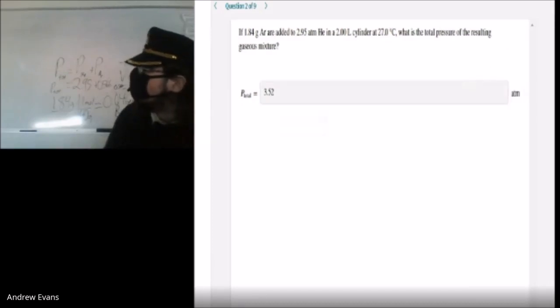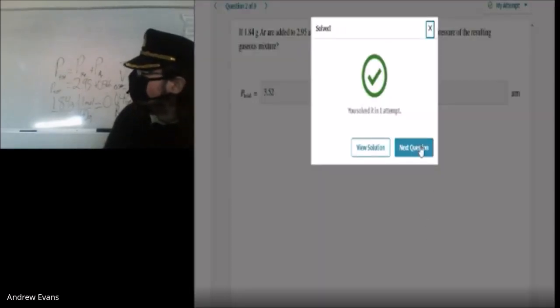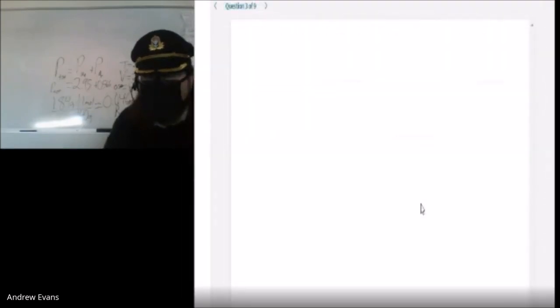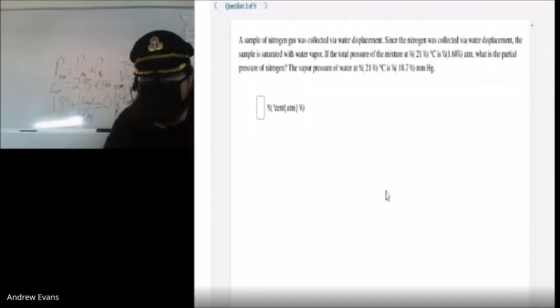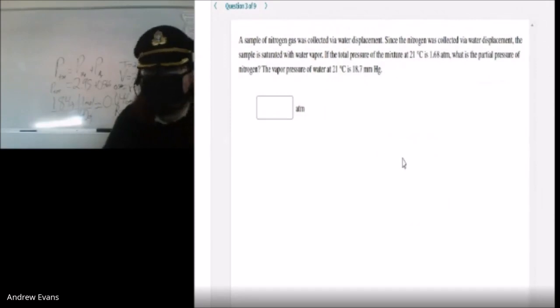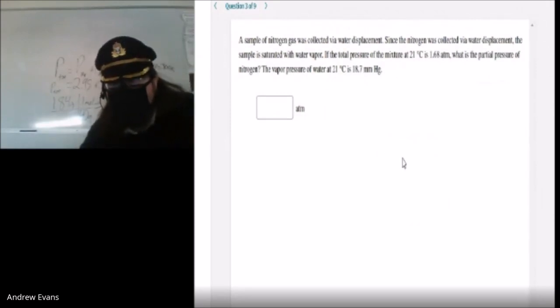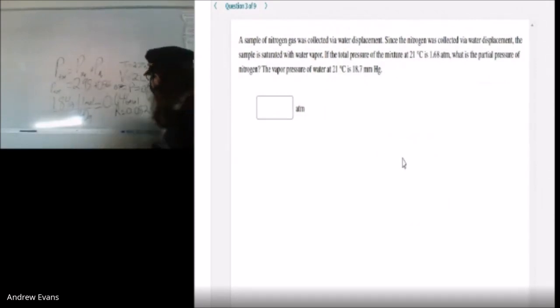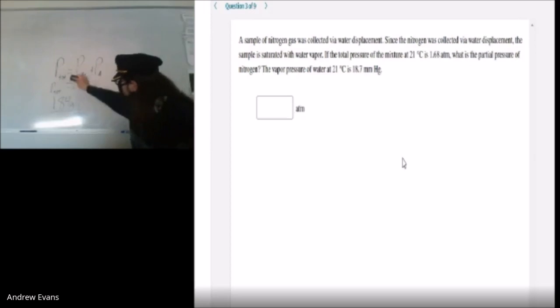Now that one is probably the hardest of the mixed gas problems. Okay, this last one is similar to the one that we did in the slides, but actually a lot easier.